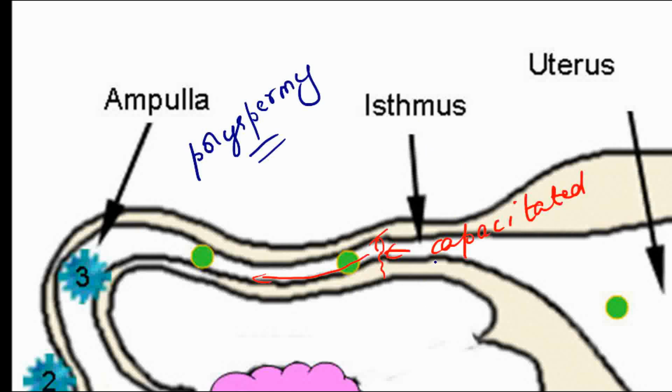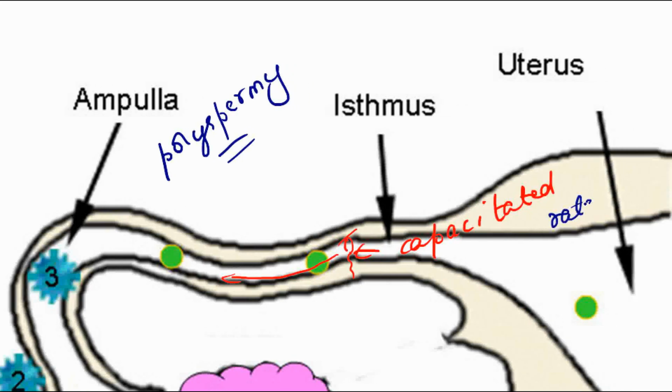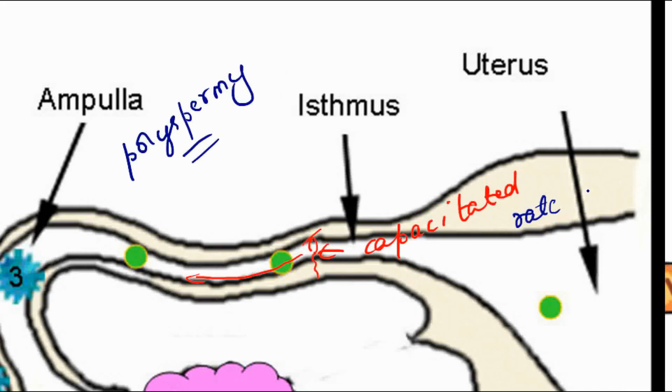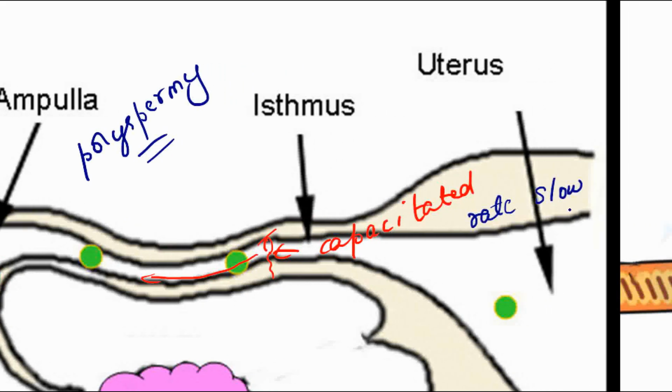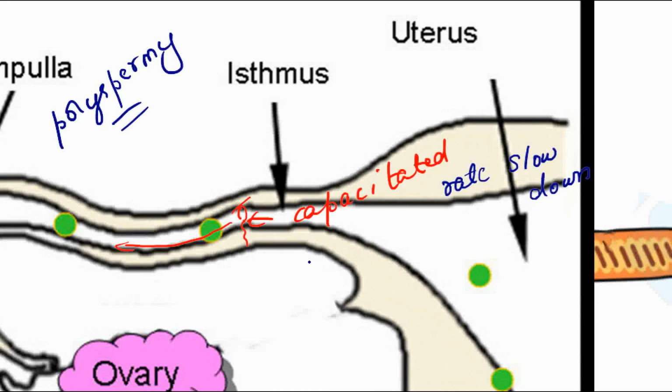And also, as the sperm gets attached to the wall of the oviduct at the isthmus, the capacitation rate slows down. Capacitation occurs only at a slow pace. And in that way, indirectly, it can extend the lifespan of sperm.